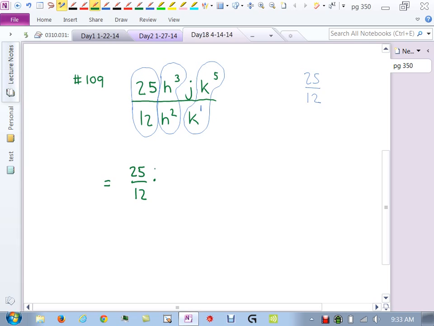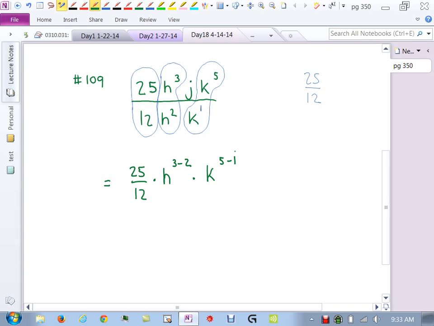Now what about h cubed over h squared? That becomes h to the first power. Right now I'm going to write it out just so we see it. I'm doing 3 minus 2, and then times k to the what? 5 minus 1. Do y'all see that?